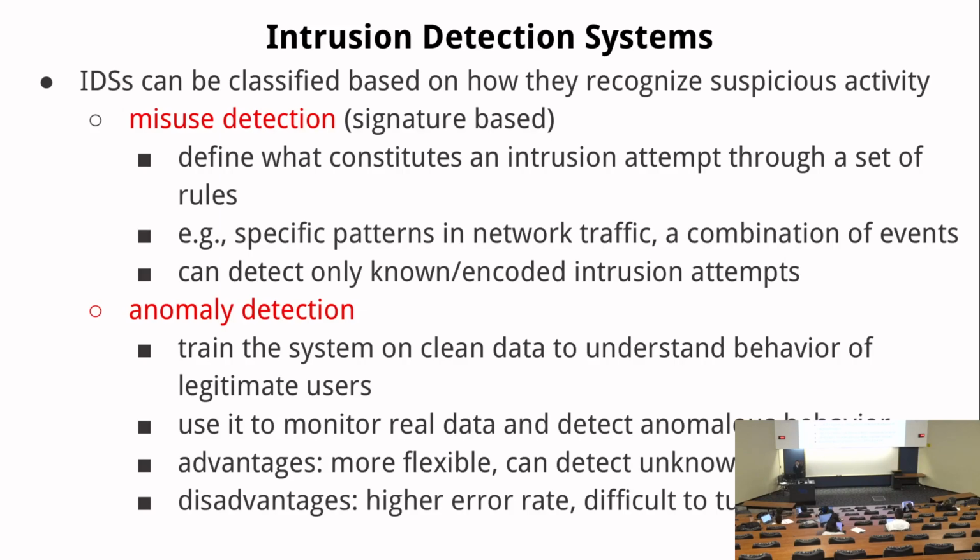Anomaly detection basically trains the system based on some benign data and tries to model those benign behaviors. Then at runtime, it monitors real data and says if the real data matches the pre-trained model.